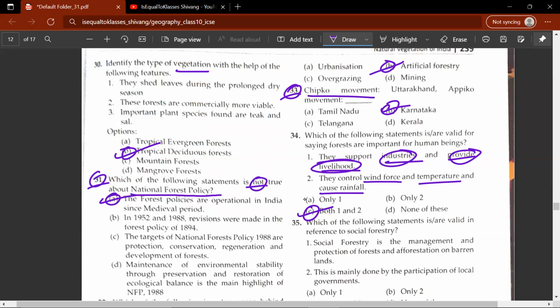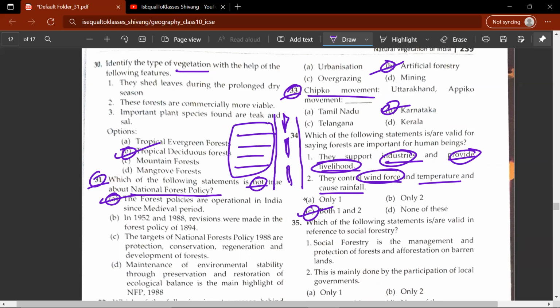They control wind force in the sense that if you see, for example, if you have a huge expanse of land, so you have a farmland. So you would have noticed if you stay in India or anywhere, you would have these main highways, and you might take a car and go for a road trip. So you will see these large tracts of farmlands, and on the edge of these farmlands, you would have seen these trees, right?